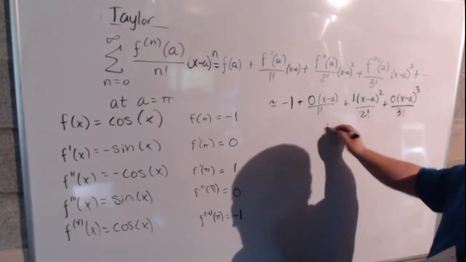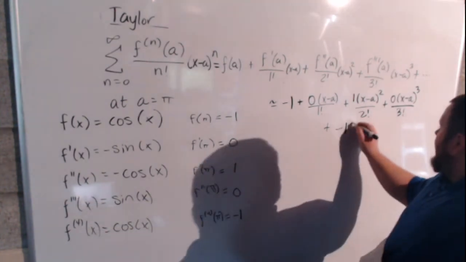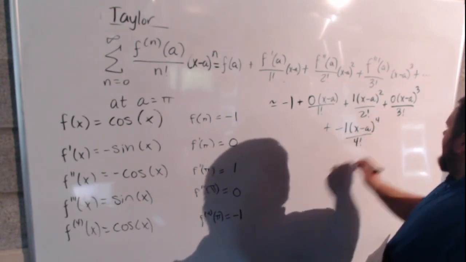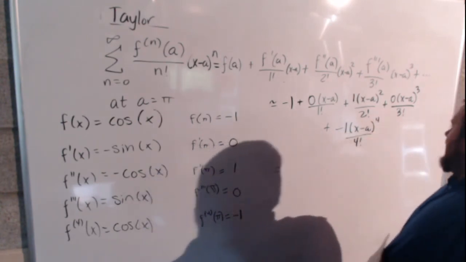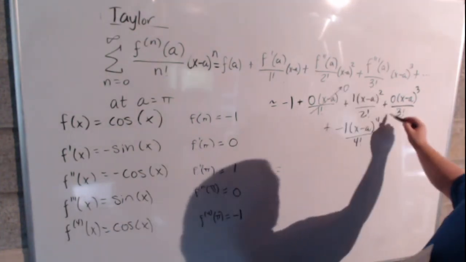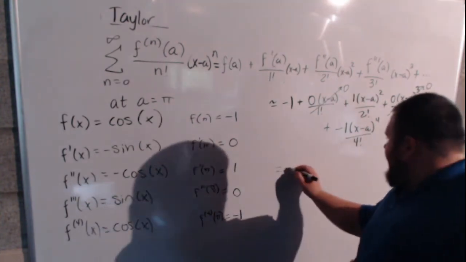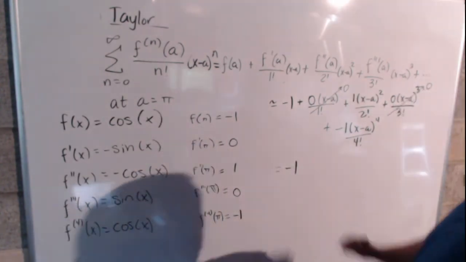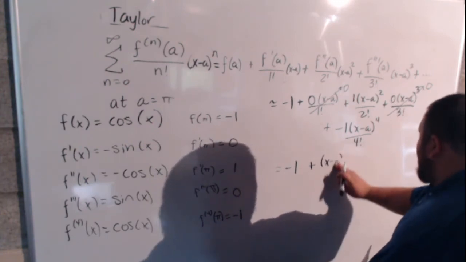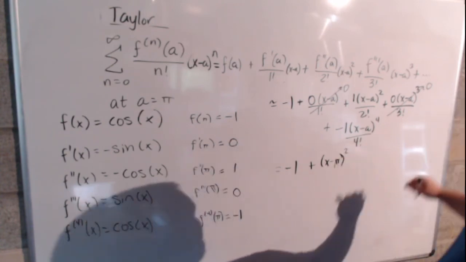And then finally, the fourth derivative is a -1. So, what's left over? Well, this term goes to 0. So does this one. So I'm left with -1 plus x minus a. So instead of a, I should be plugging in pi. So x minus pi squared.